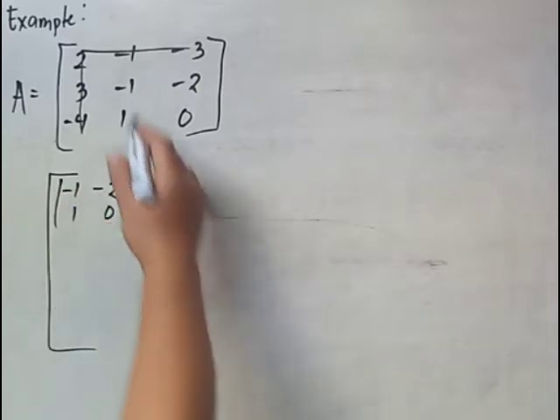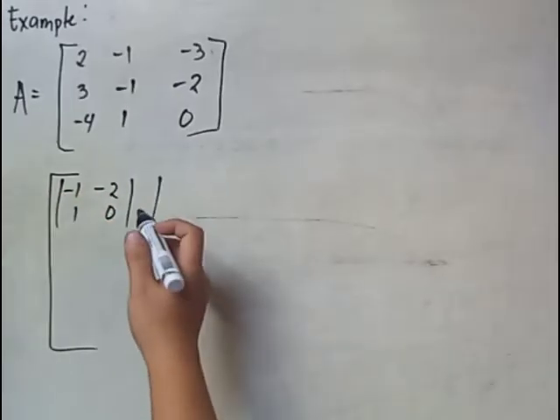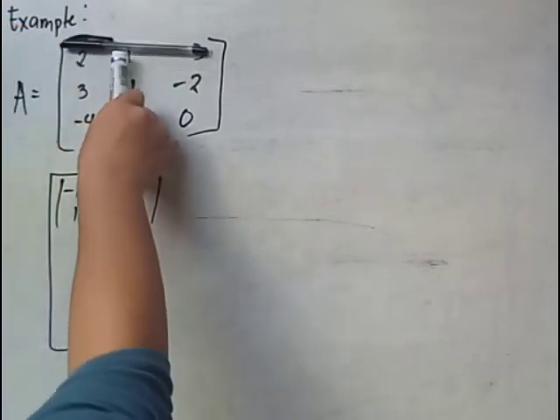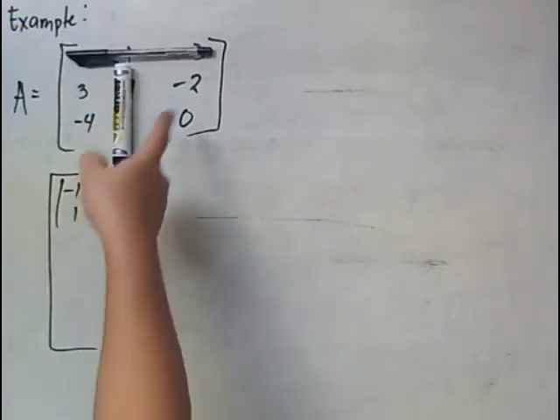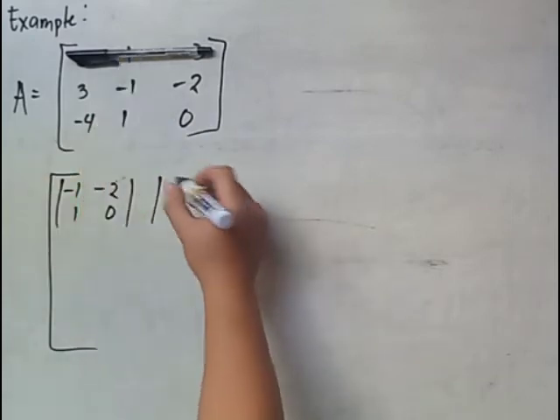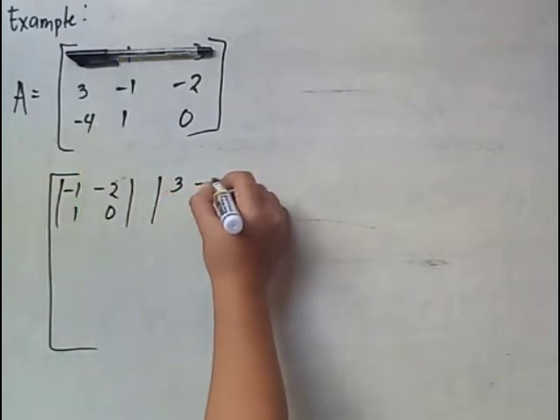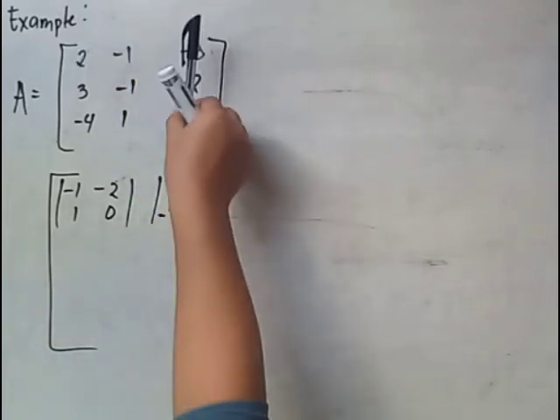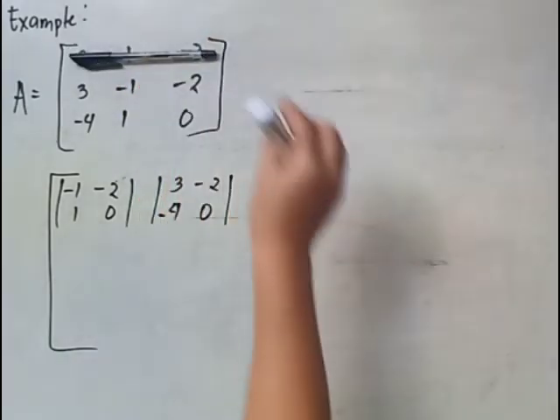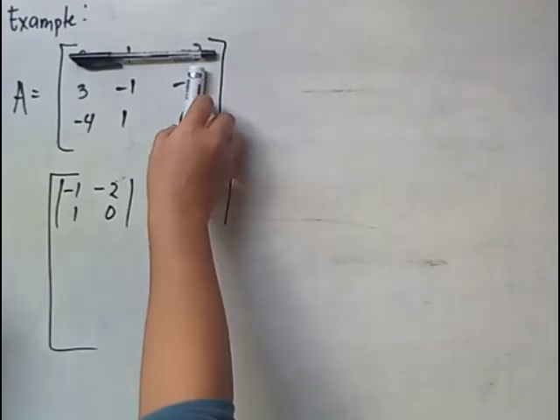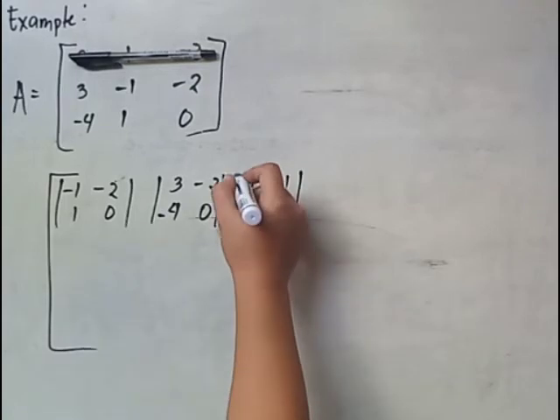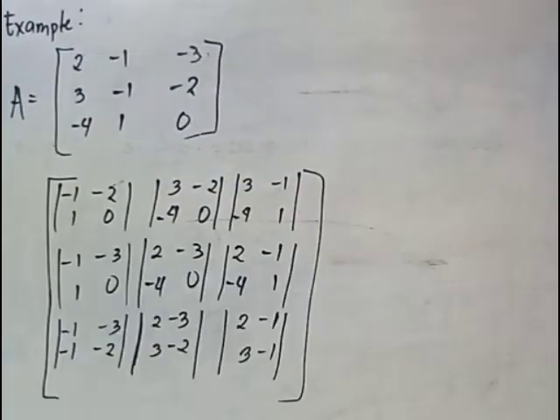For the second element, we cancel this and this one, so what remains is 3, negative 2, and negative 4, 0. For the third, we cancel this row and this column, so what remains is 3, negative 1, negative 4, and 1. We do the same process for all the elements.